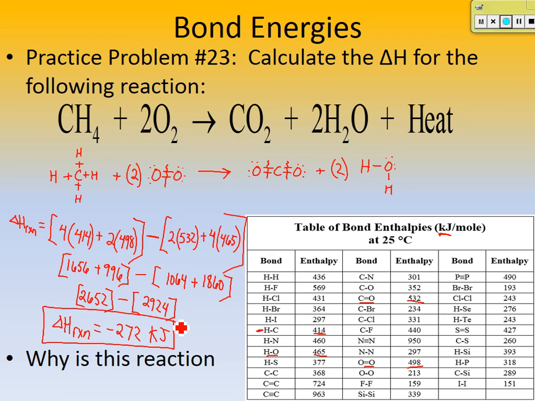Okay, now I've got another question here. It says, why is this reaction exothermic? What does that mean, guys? Why is this reaction endothermic or exothermic? Yeah, why is it exothermic? Because it's negative. Because the bonds that were formed, do they have more energy or less energy?